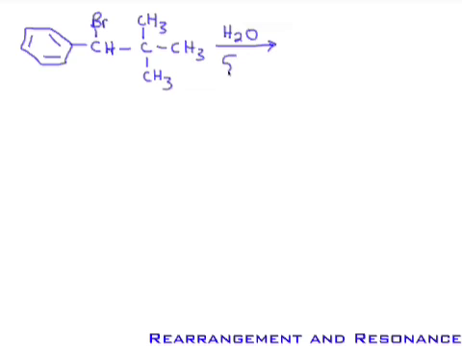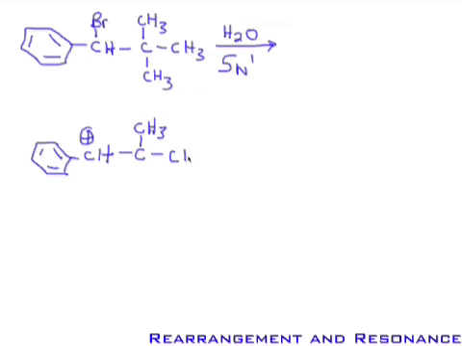In SN1, you're supposed to look at the carbocation. So you're supposed to draw the carbocation, and you do. Say, okay, I'm going to draw the carbocation, and I do that.